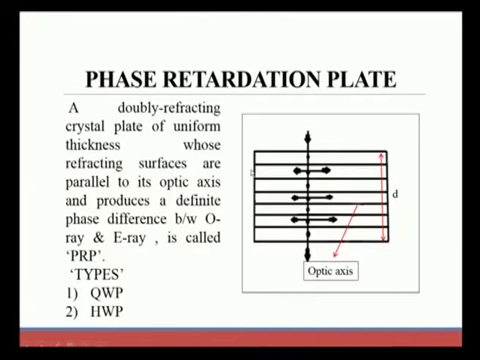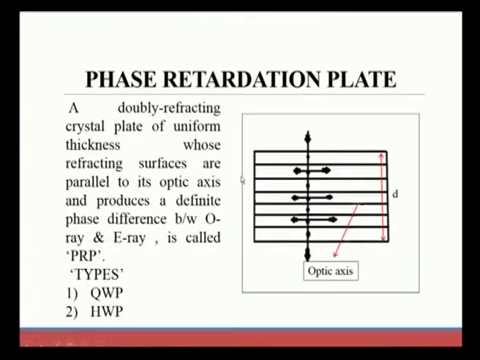For that we need a doubly refracting crystal plate of uniform thickness, whose refracting surfaces are parallel to its optic axis. When this condition is met, it is called a phase retardation plate.